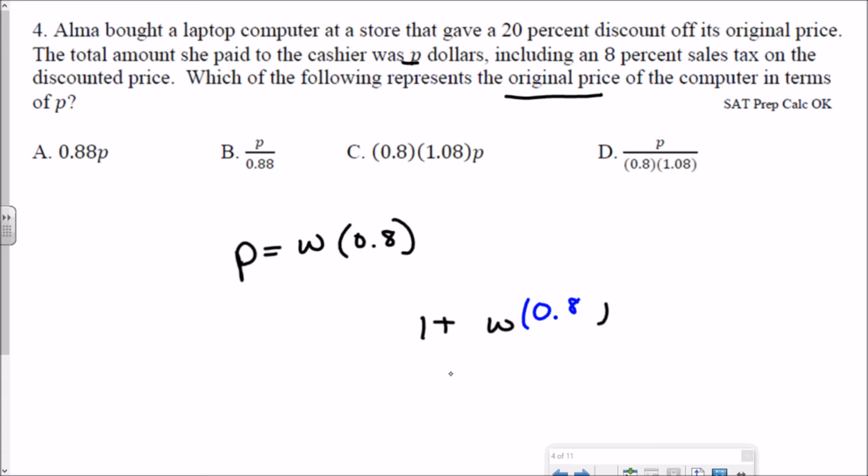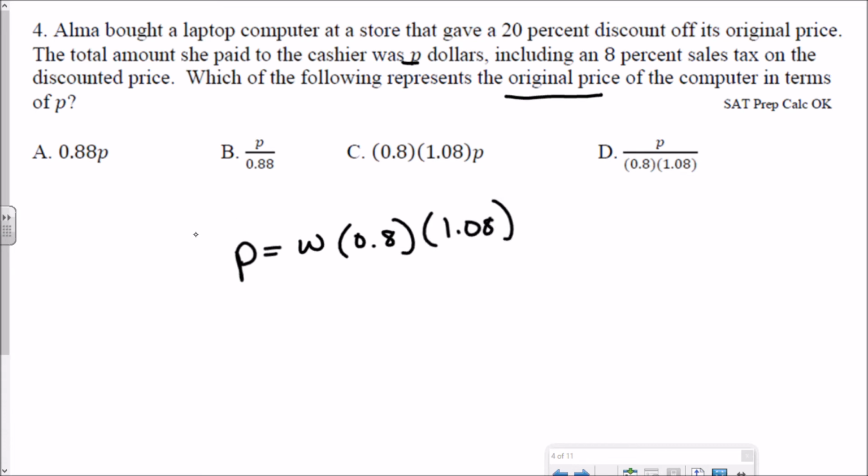What's much easier than that? W times 1.08, and it works the same way because you have your original price, that's the 1, W times the 1 is just your original price, and then you tack on another 8%. So it works out really nice, especially if you're trying to calculate tax. Again, it's one button in your calculator instead of two. So I'm going to multiply this by 1.08.